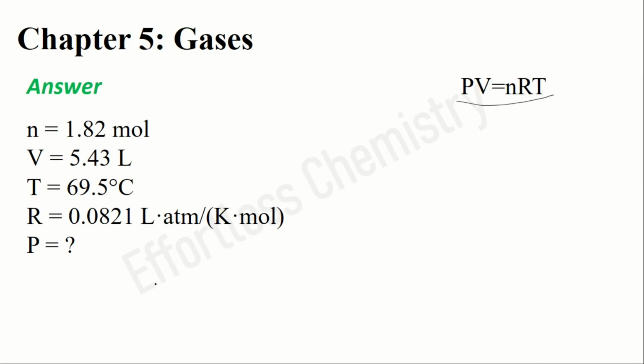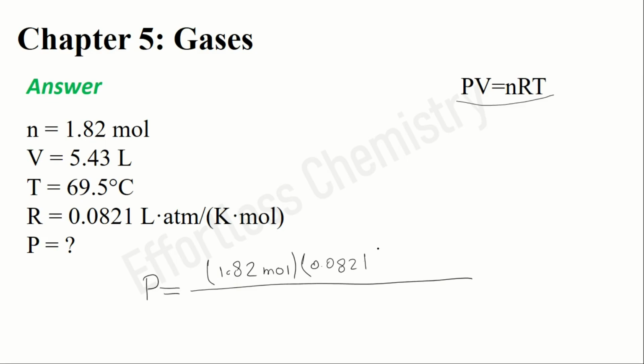So I will write here, pressure equals the amount of the gas in moles multiplied by R, which we calculated already, 0.0821, with the unit liter atmosphere per Kelvin mole, multiplied by the temperature.